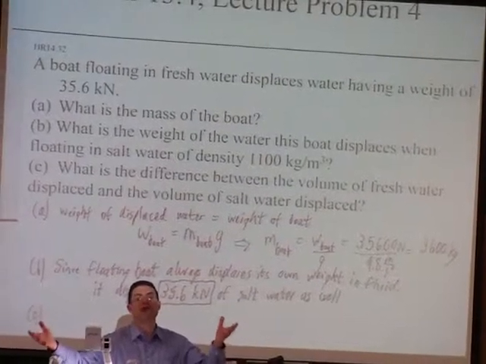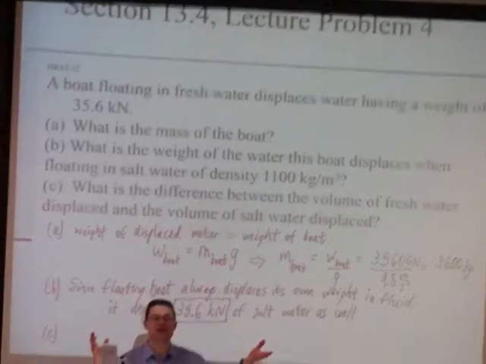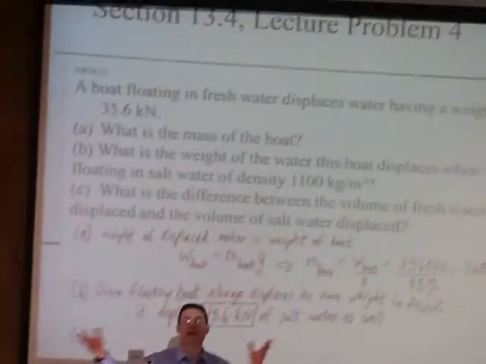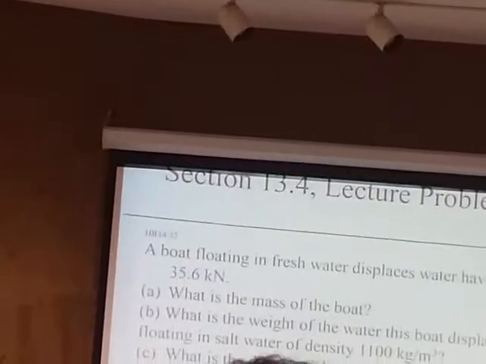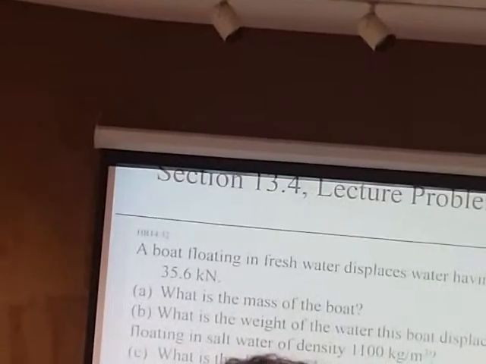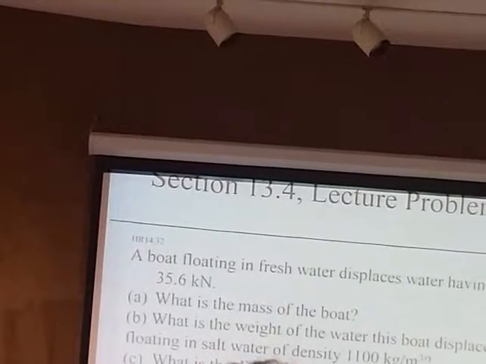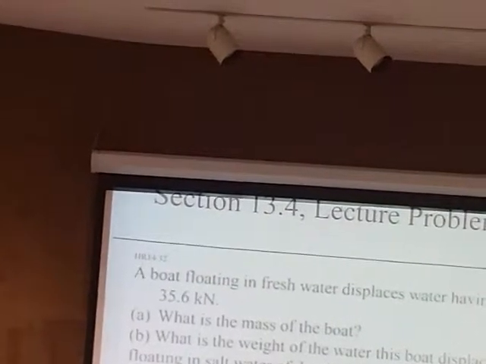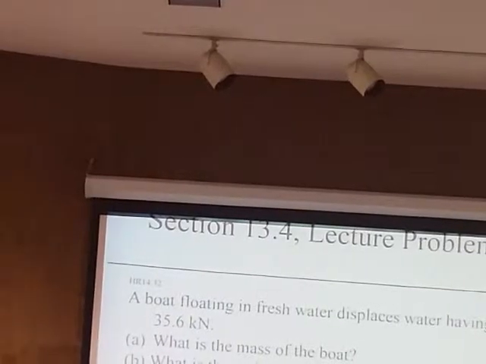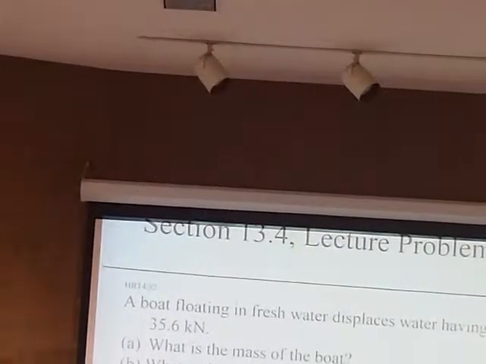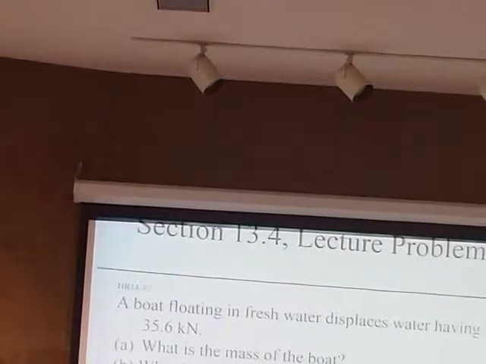And so in order to have the same weight as this denser salt water, it's going to have greater volume. So if the boat displaces a greater volume of fresh water than salt water, it's going to be more deeply submerged in the fresh water. In the salt water, it's going to be riding a bit higher, I guess. The surface of the water isn't going to be as high on the side of the boat.